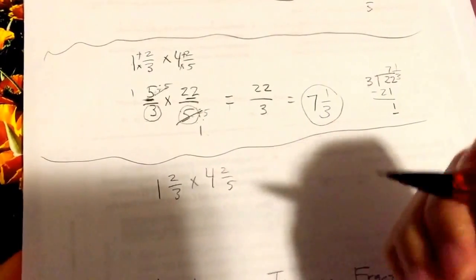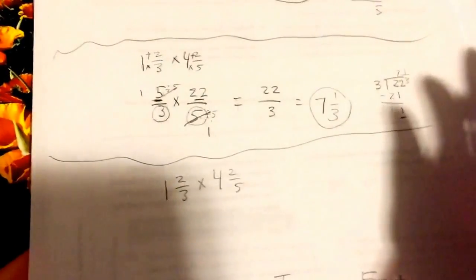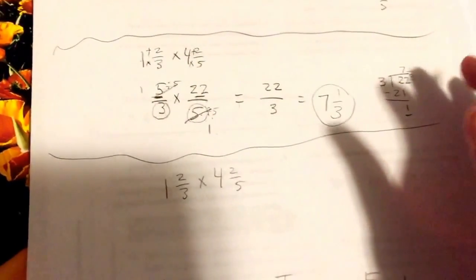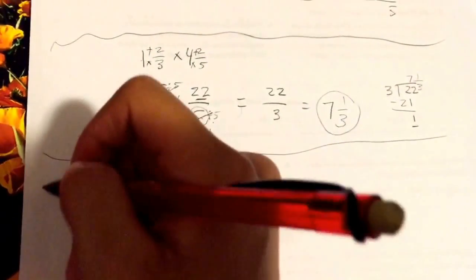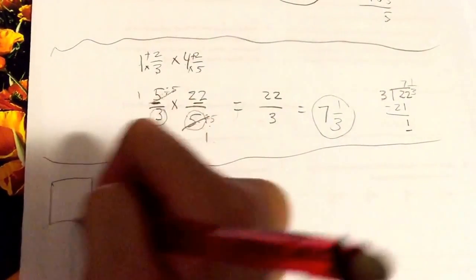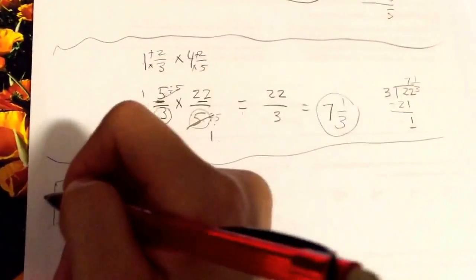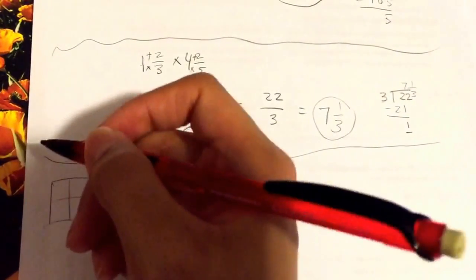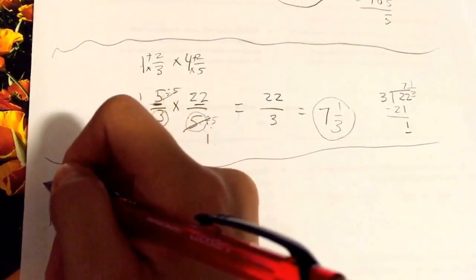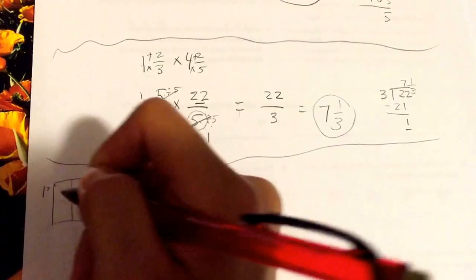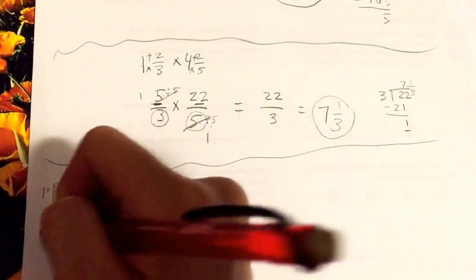And the way that you're going to do this is exactly like the area model, except you're not going to draw the picture. So this is exactly yesterday's lesson when we did 1 2/3.